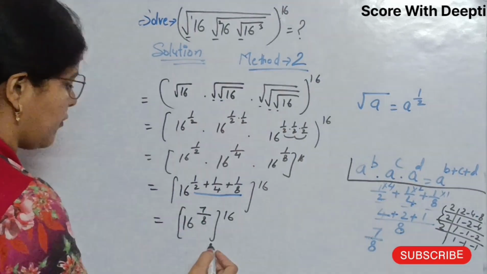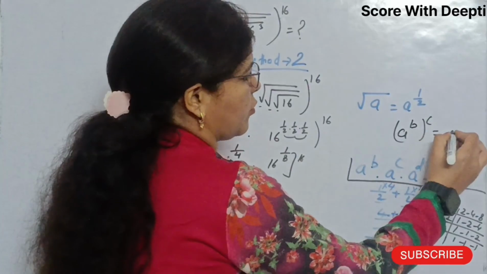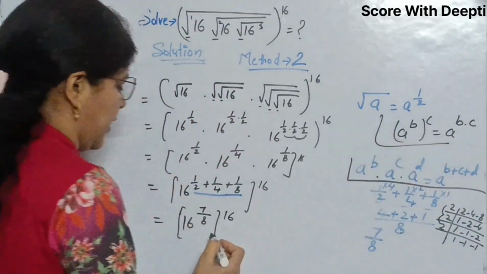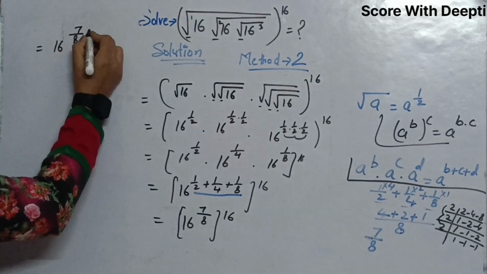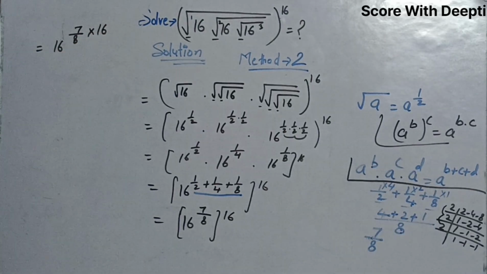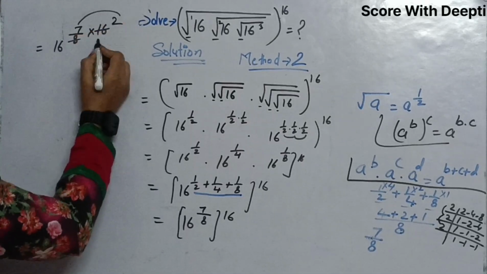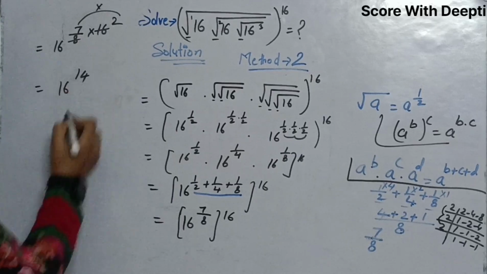Next, here we apply the identity a to the power b to the whole power c is equal to a to the power b into c. We apply this identity here and we get 16 to the power 7 by 8 multiplied with 16. Next we solve this: 16 divided by 8 is 2, multiply 7 with 2 we get 14, means 16 to the power 14.